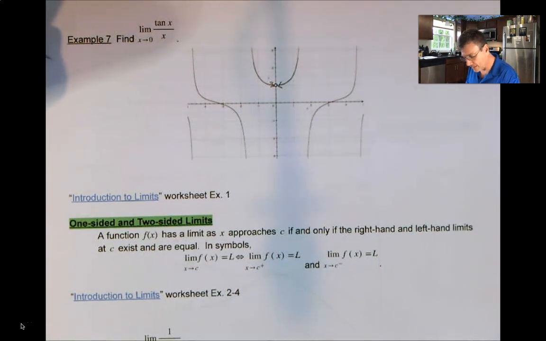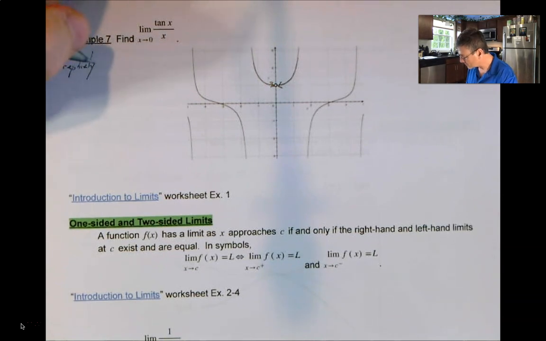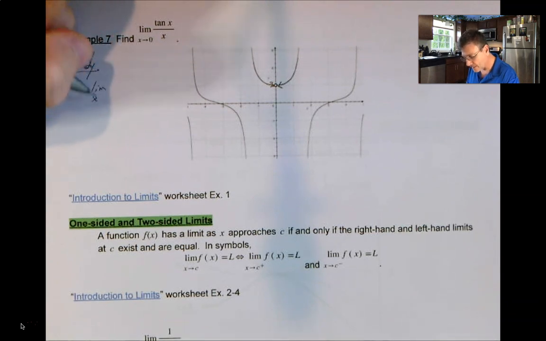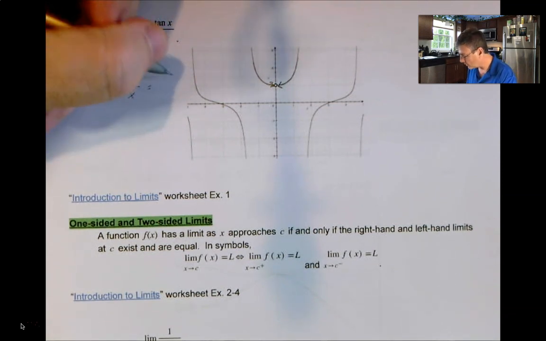So graphically, we get the limit as x approaches 0, tangent of x over x equals 1.